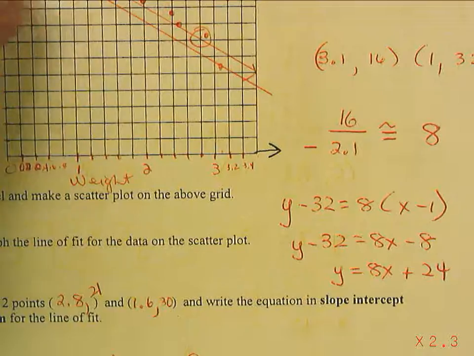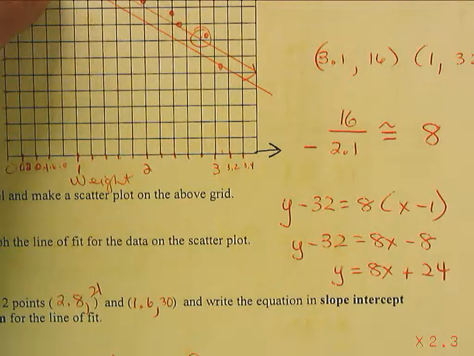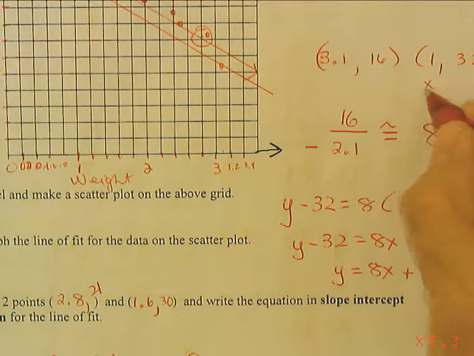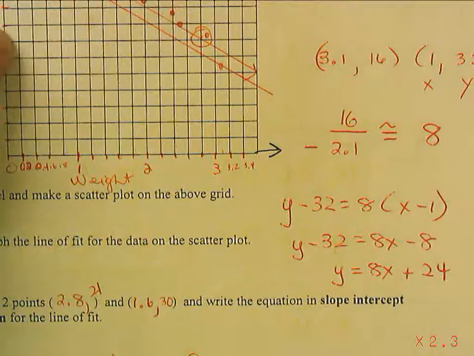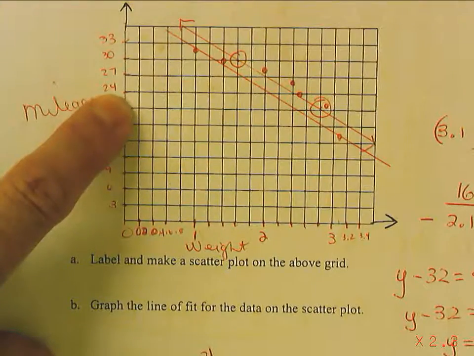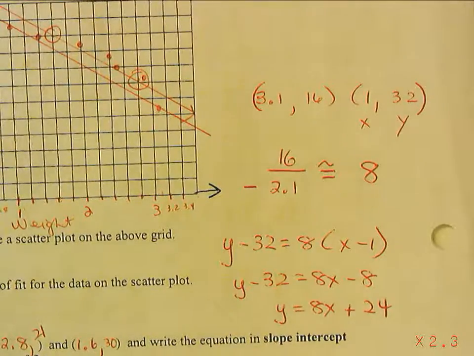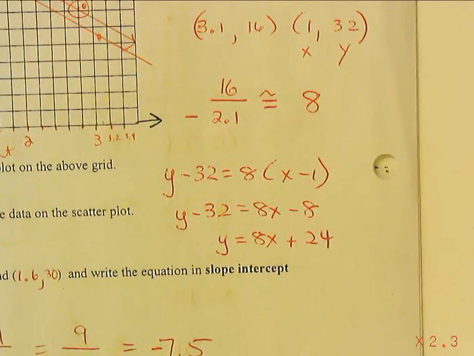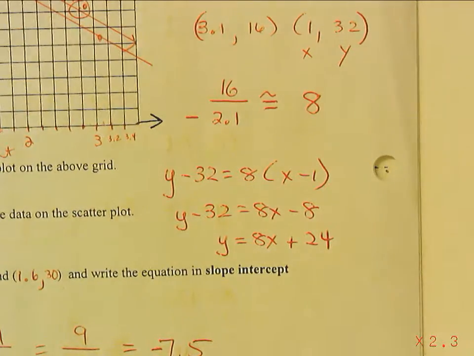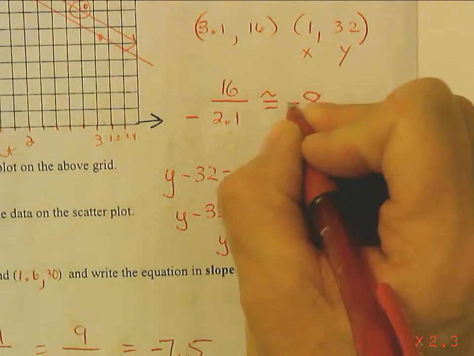Now, I obviously did something wrong there, because you can see that a y-intercept of 24 would be way off. So, does everybody see what I did wrong? This is a negative 8.